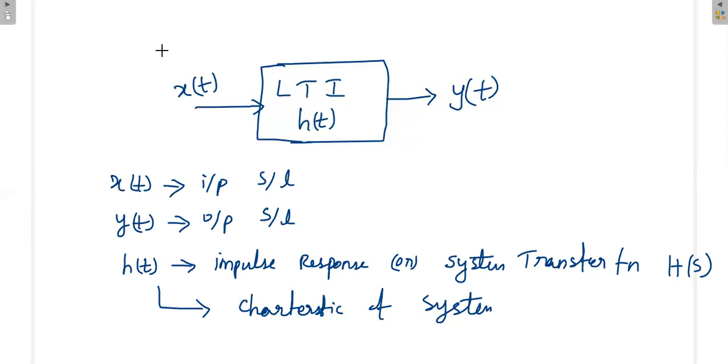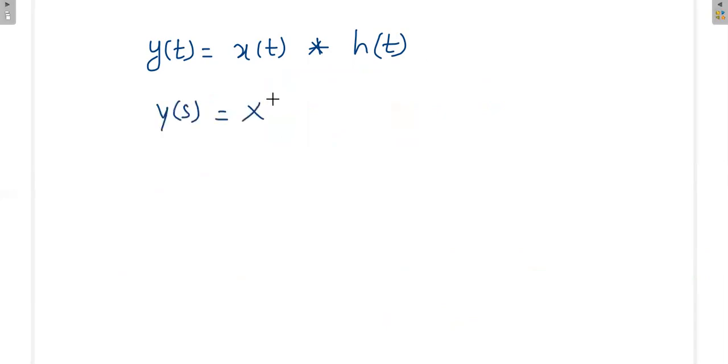So y of t is equal to x of t convolution with h of t in time domain. Once we apply the Laplace transform on both sides, Y of s is equal to X of s multiplied with H of s.